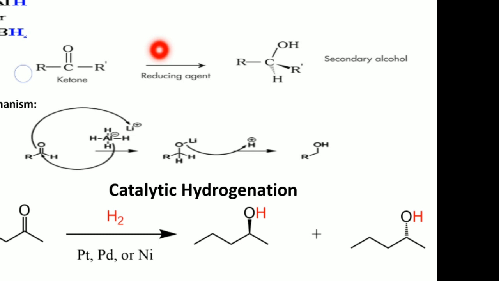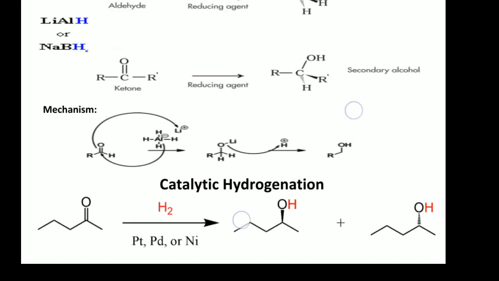So in this way, lithium aluminum hydride produces primary or secondary alcohols. This is the reduction of aldehydes and ketones.